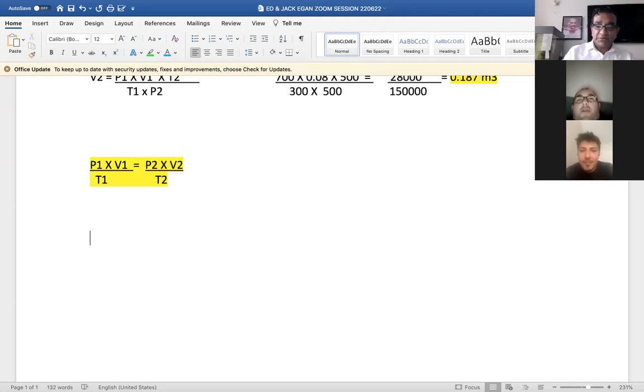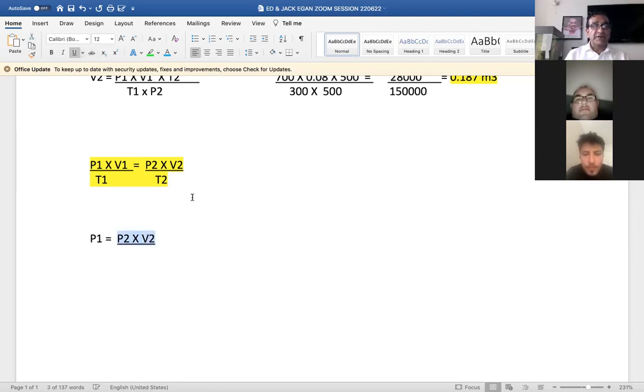We want to transpose for P1 equals. So we know P1, and that is going to stay as it is, that side. So P1 will equal P2 times V2, and it's going to be over T2 to start with.